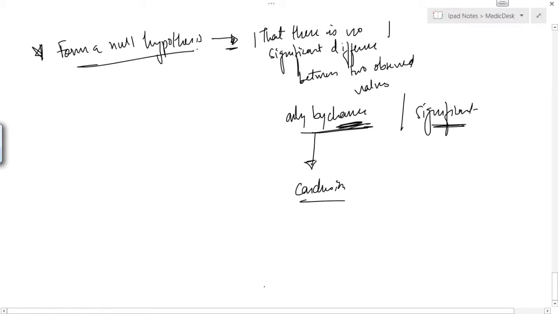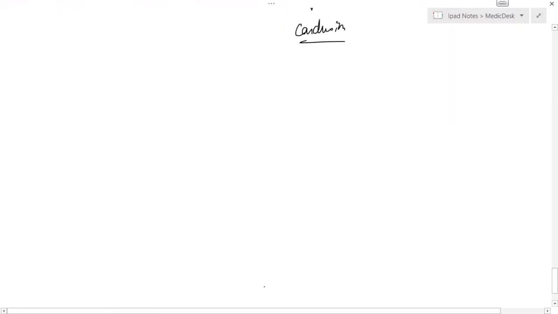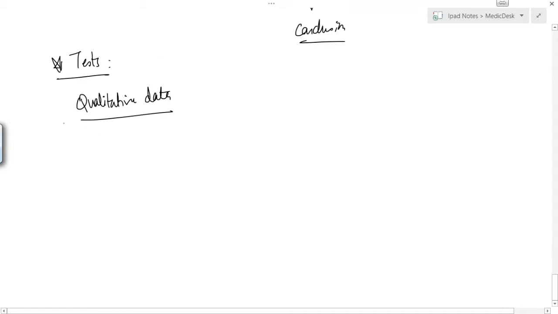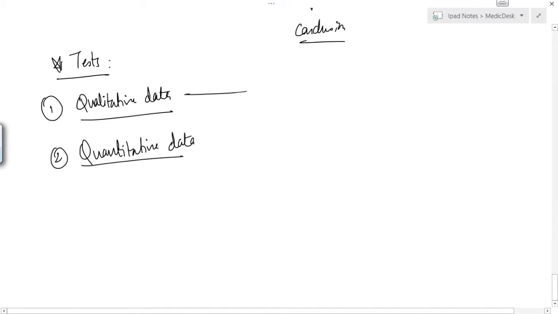Now moving on to the different types of test. The tests are, again, the test for qualitative data and the test for quantitative data, right?